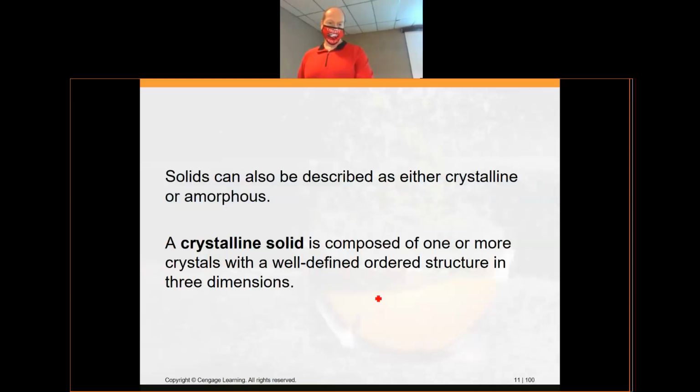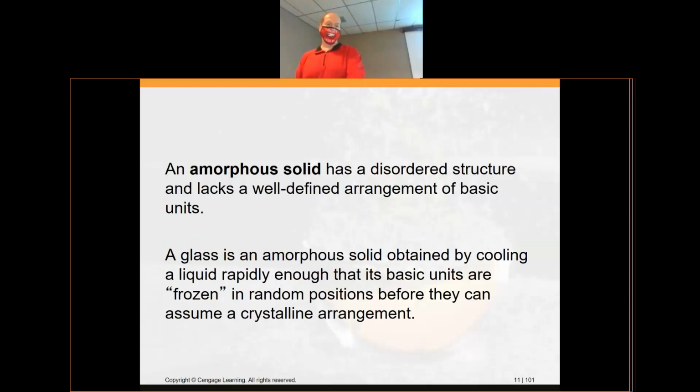All right, so you can get a solid that has a crystalline form. And so this is a well-defined ordered structure in 3 dimensions. So this is a 3-dimensional structure that is very well-defined. An amorphous solid is one that has a lot of distorted structures. So an amorphous solid does not have a well-defined arrangement of the unit cell.